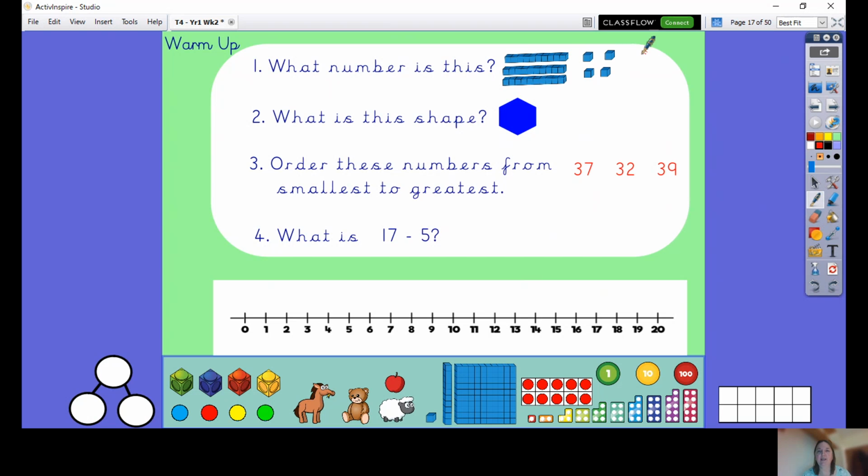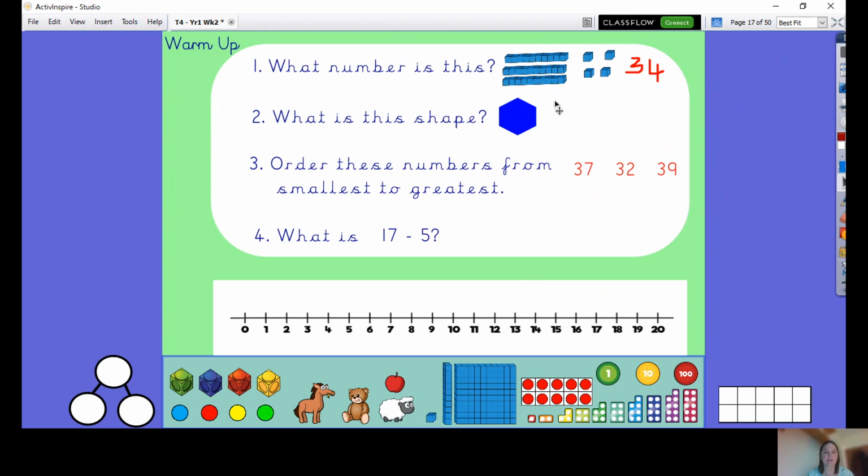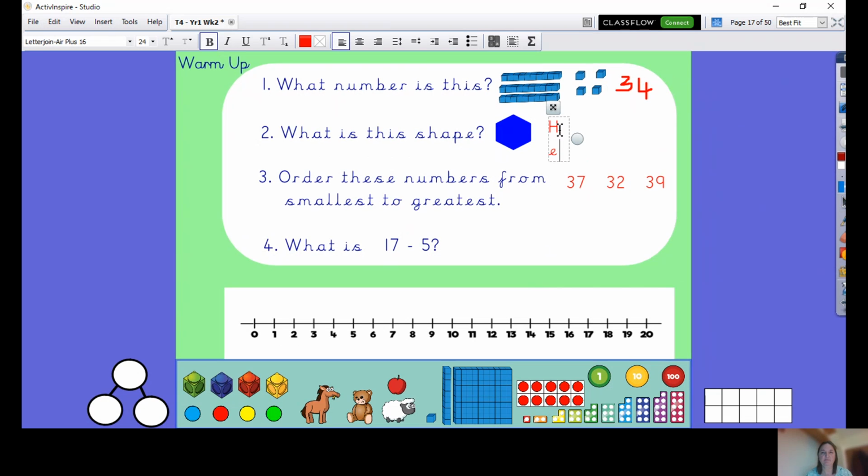Okay, so hopefully you went, there's 3 10s there, so 3 10s and 4 1s is 10, 20, 30, 31, 32, 33, 34. Now, obviously, if you're looking at that as a 2D shape, it has 6 sides, so it is a hexagon.